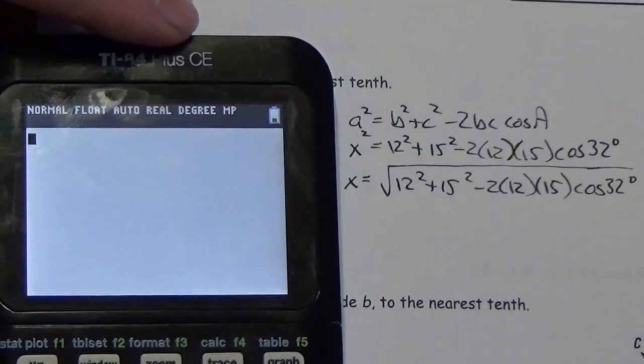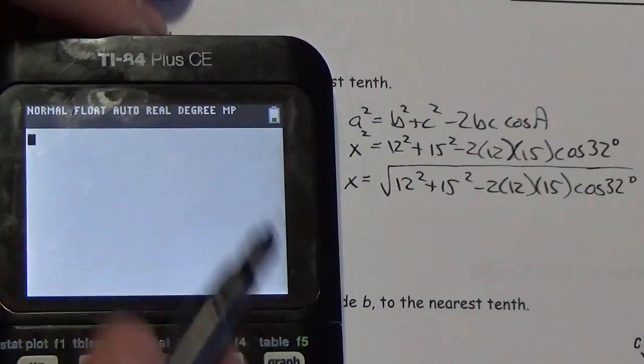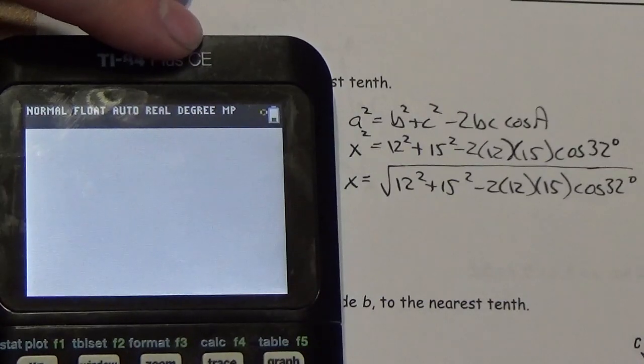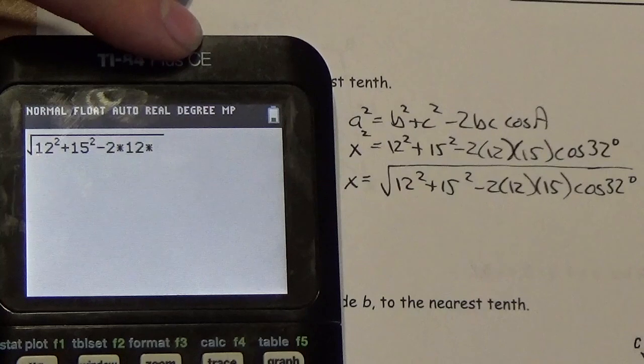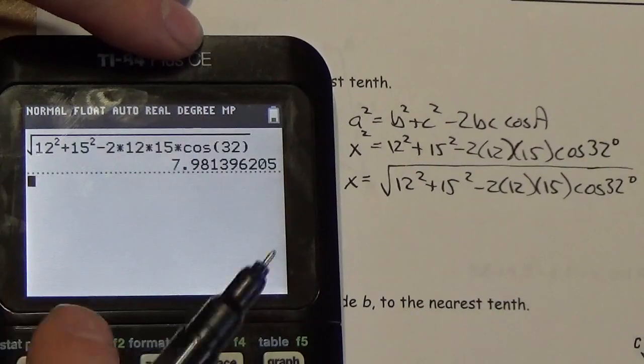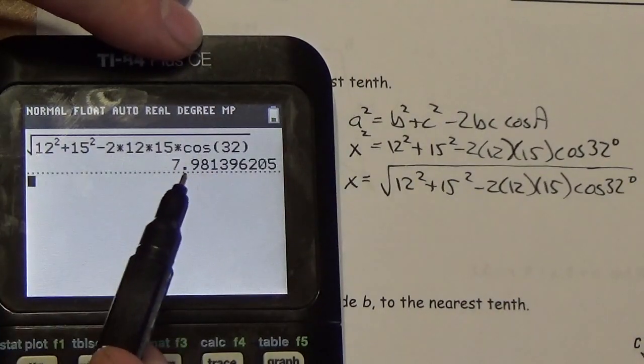First, I'm going to make sure I'm in degree mode, and I am. So this will be the square root of 12 squared plus 15 squared minus 2 times 12 times 15, multiplied by the cosine of the angle in between, 32. And when I press enter, I'm going to get 7.98.